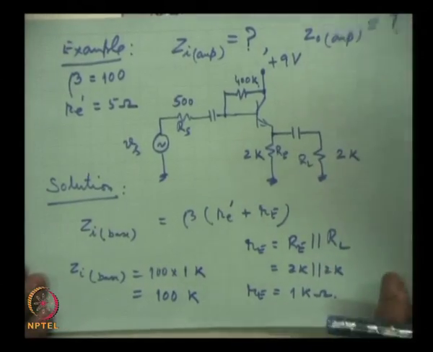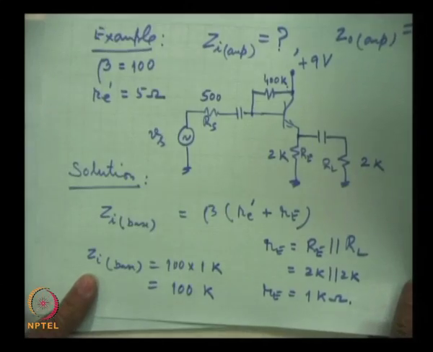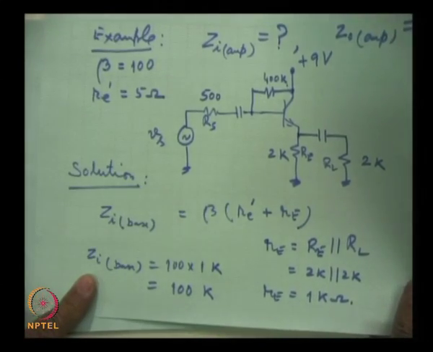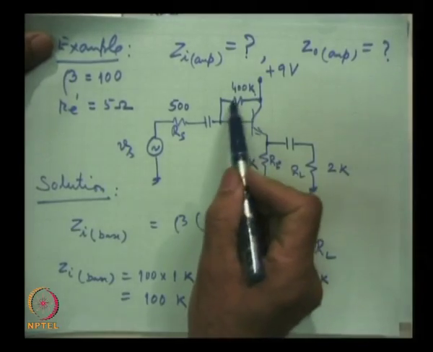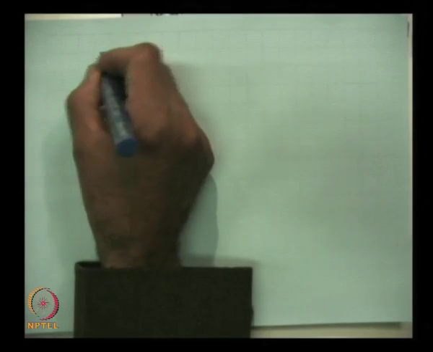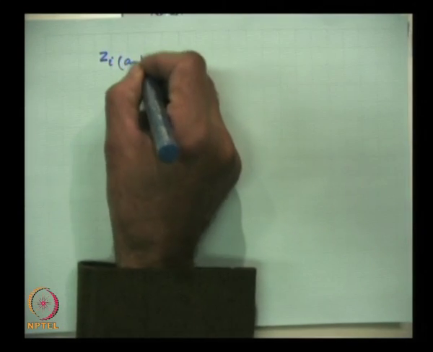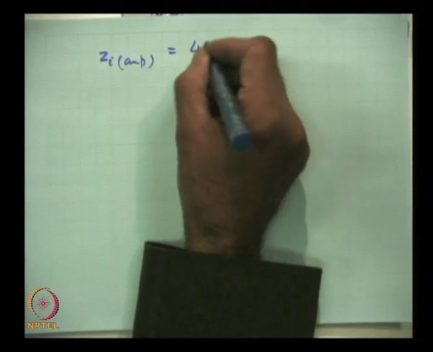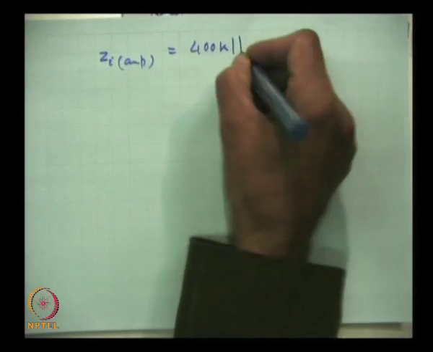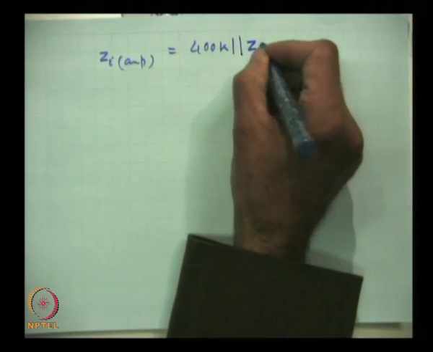And for the amplifier, I said this has not yet taken into account the biasing resistances, and it is given in this circuit, where Rb is 400 K. So, Zi of the amplifier is equal to 400 K in parallel with Zi base.